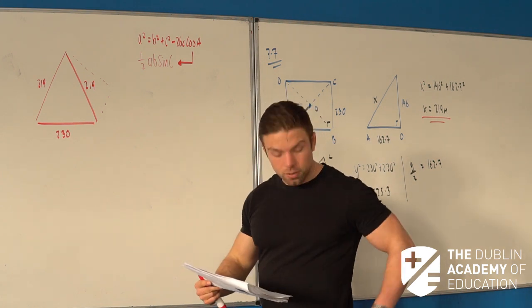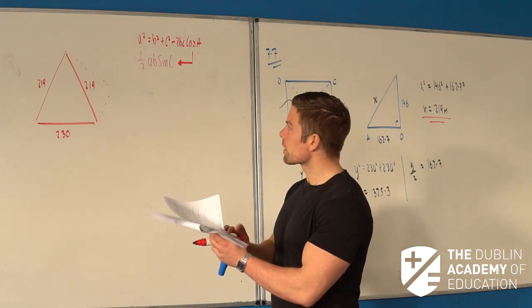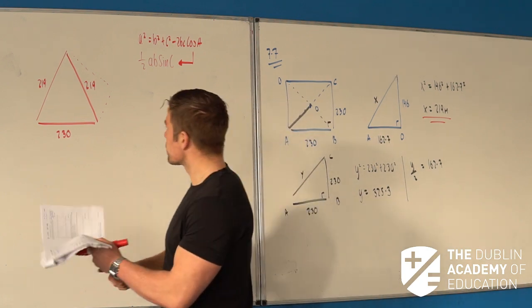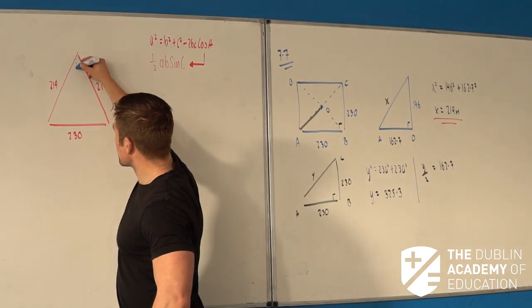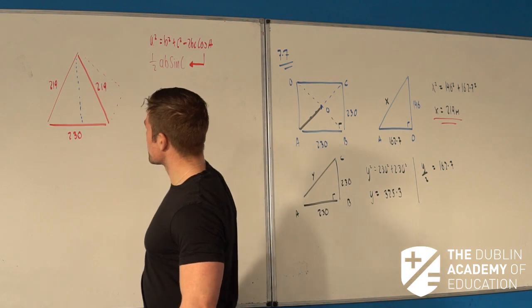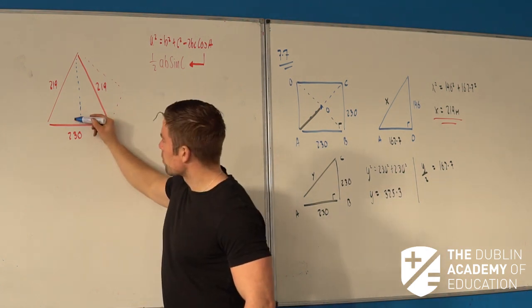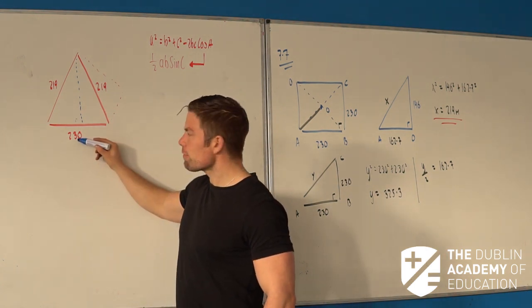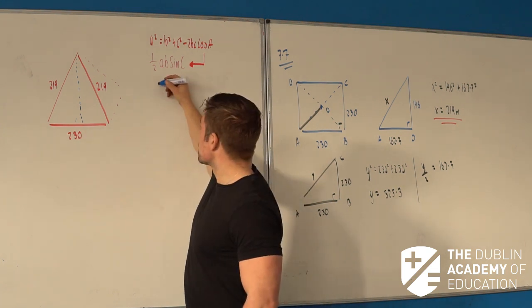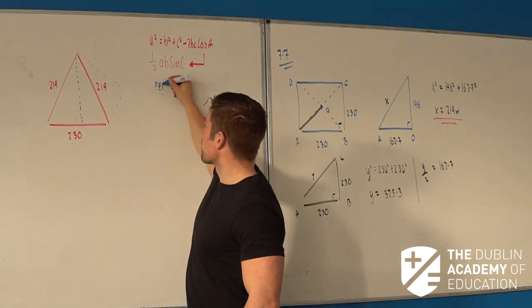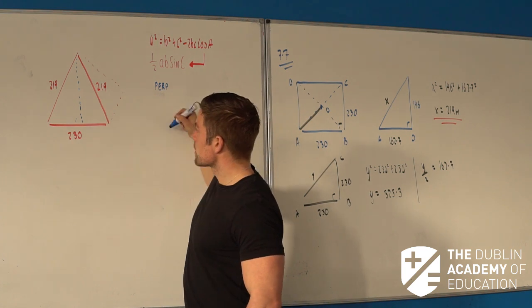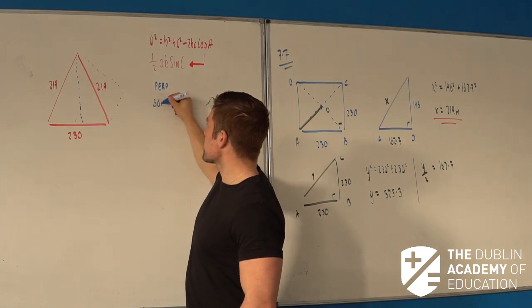Another way you could do it is you could drop a perpendicular line from the top. So perpendicular means straight down. Drop a perpendicular line. That's going to form a right angle triangle and cut this in half. Fine. We could go ahead then and use SOHCAHTOA.